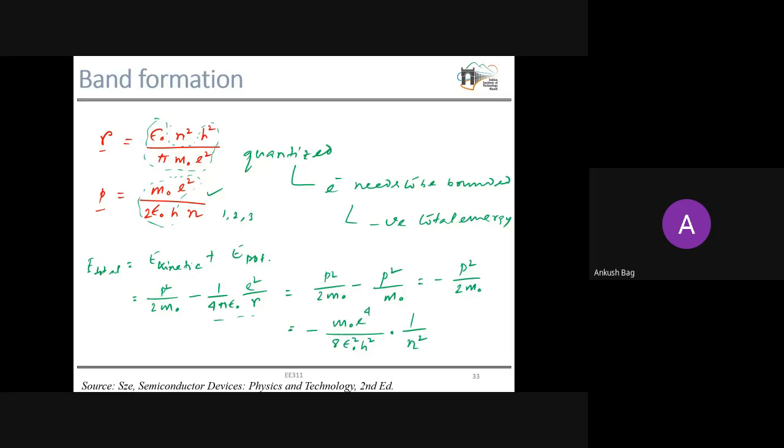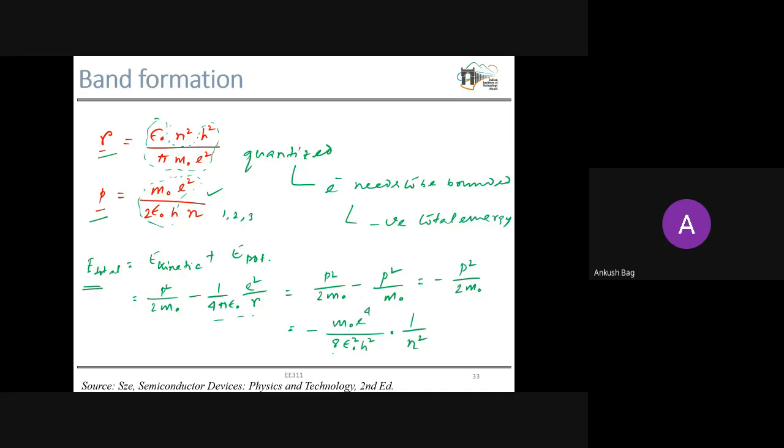So once again, this is now the energy. This was the radius that can be occupied by the electron when orbiting or revolving around the nucleus. This is the momentum. So these are all quantized. Now finally, the energy of your electron is also quantized. This is the total energy of the electron.